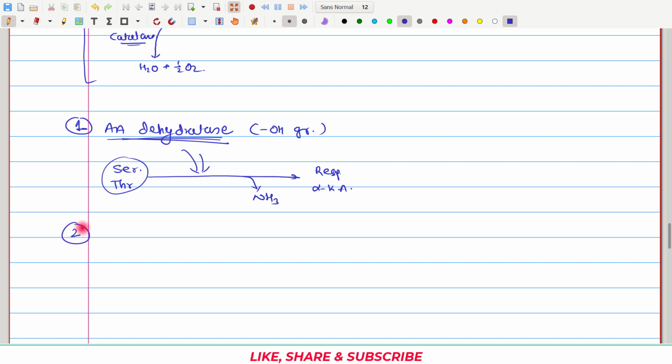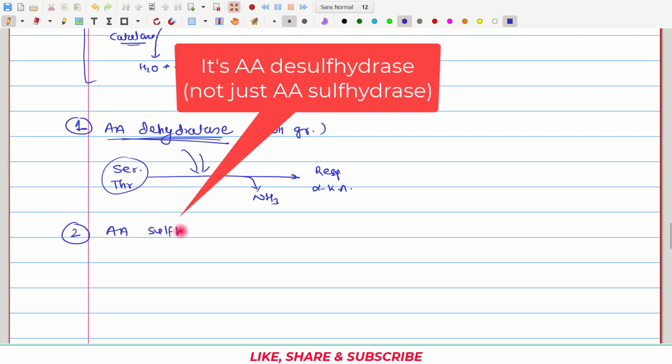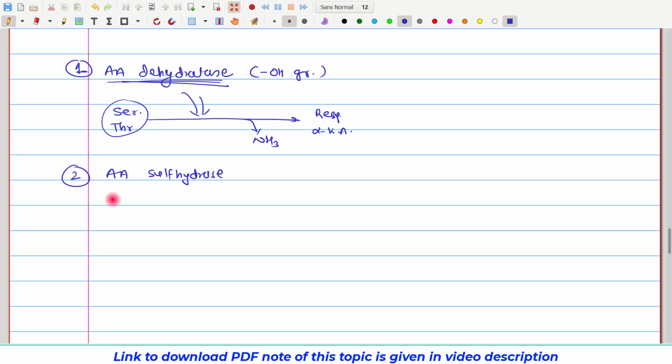The second type of non-oxidative deamination is the amino acid sulfhydrase. This works on cysteine and homocysteine. By the action of amino acid sulfhydrase, the cysteine or homocysteine undergo non-oxidative deamination and get converted to their respective keto acid, and in this case it is pyruvate.